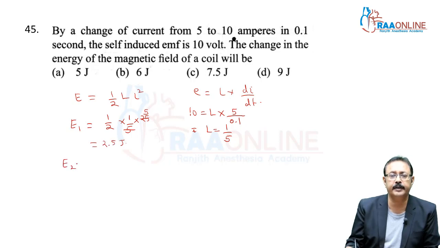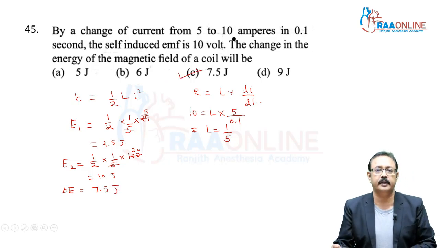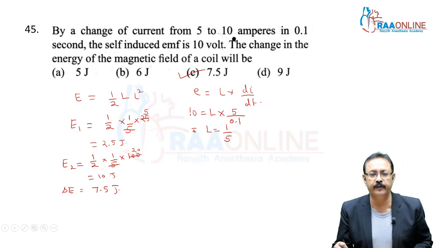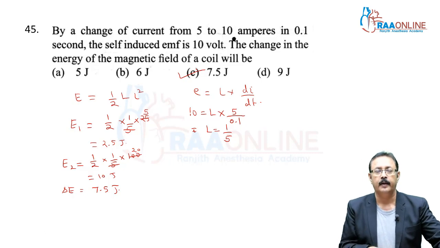Finally it becomes 10 ampere, half L, 10 square means 100, 10 joule. So change in energy is 10 minus 2.5, 7.5 joule. So we are going with option C. In this way we have completed the assignment of 45 questions for electromagnetic induction. Thank you.